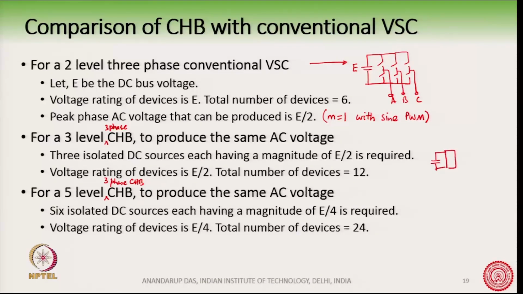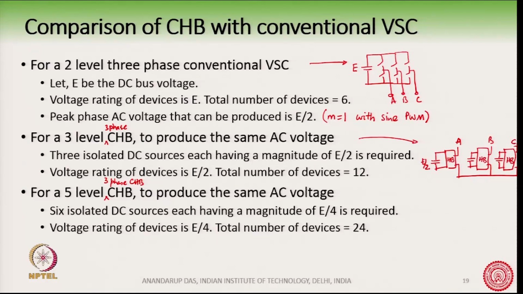This is one H bridge, this is another H bridge, and this is another H bridge, and then we connect them, and these are the A, B and C phases. So, this is the 3 level 3 phase CHB, and then we need a DC bus voltage of E by 2.